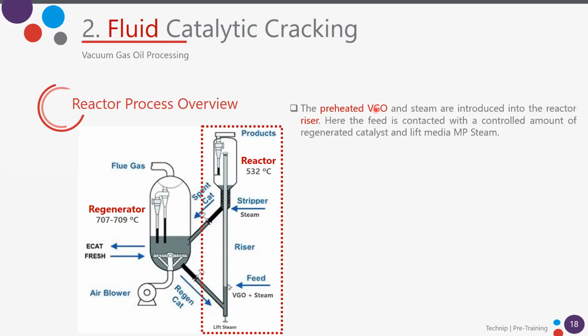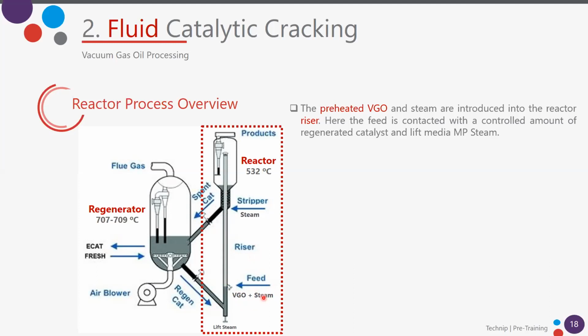So the preheated VGO and steam are introduced into the reactor riser. Let's go step by step. This VGO and steam will go through dedicated nozzles, very specific devices, and will enter this tube that is called the riser. Why do we put some steam?